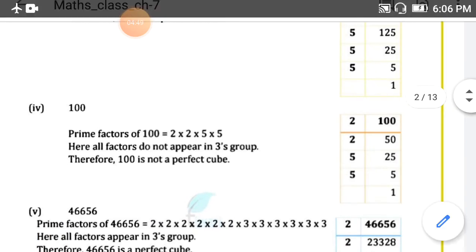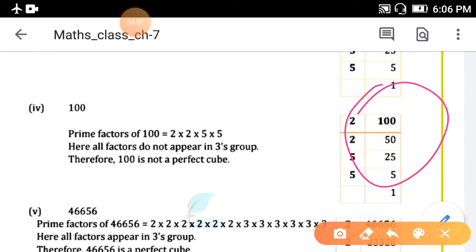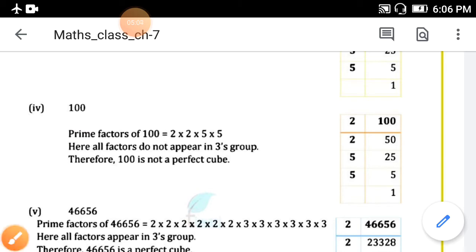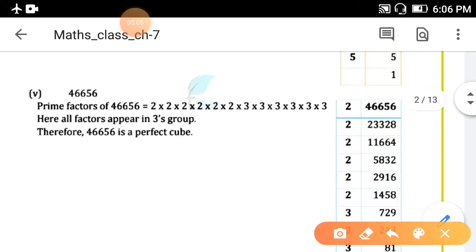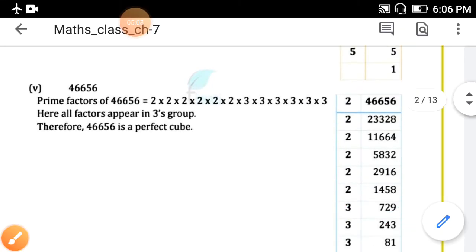Then 100. Prime factorization. Now see the prime factors. All the factors do not appear in 3s groups. 2 and 5 appear in 2s groups. So the given number is not a perfect cube. Here also follow the prime factorization method.